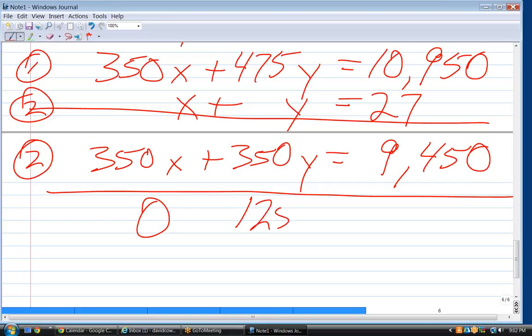Okay. So would it be 125 y equals what? And you're going to take 10,000 minus the 9,000. That equals 1,500. Okay, 1,500. So y is equal to 12?